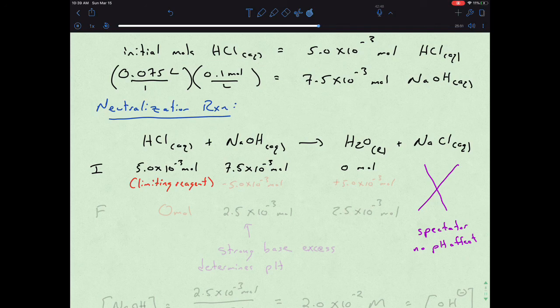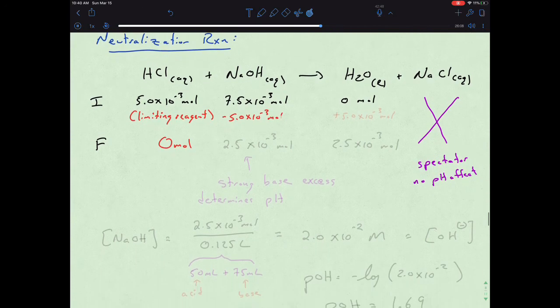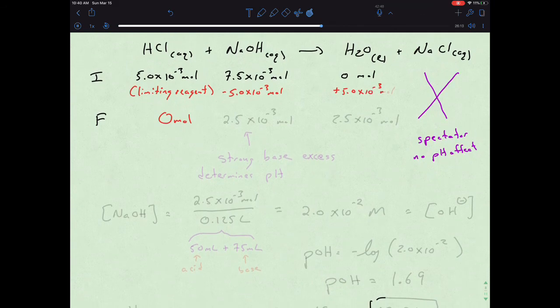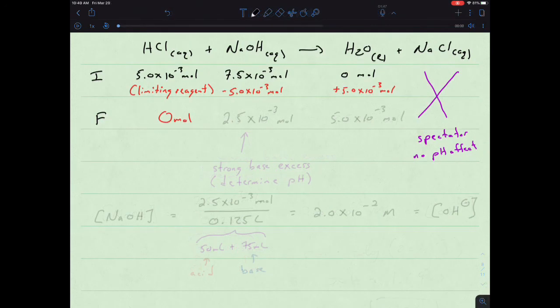And that is what's going to go to 0 moles after the neutralization is finalized or complete. So that is our change in mole value. Decreasing in terms of our starting material, increasing in terms of our product.